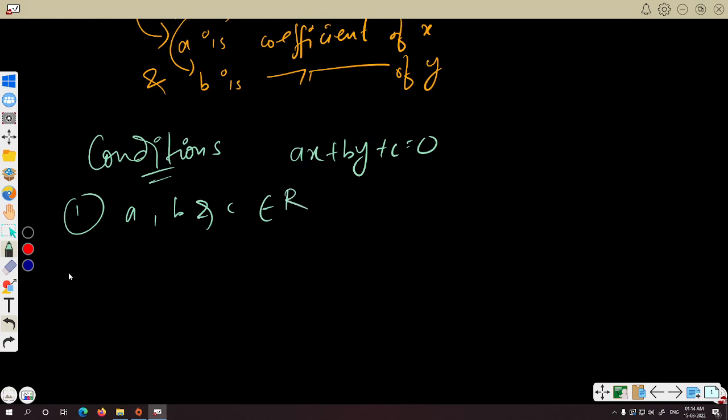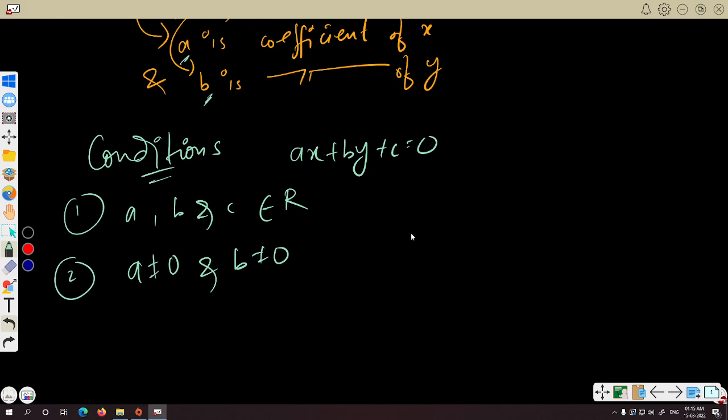All of them are real numbers. Now the second condition is very important. According to the second condition, a and b should not be equal to 0. Now already I said a is the coefficient of x, b is the coefficient of y. Second condition says a and b should not be equal to 0.